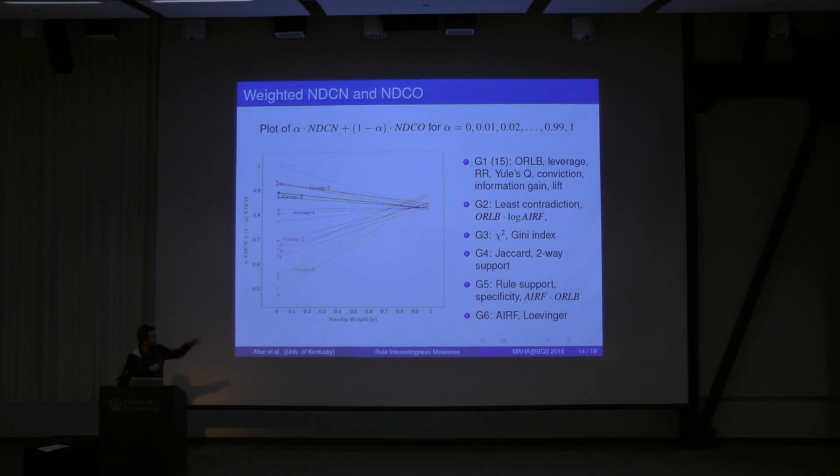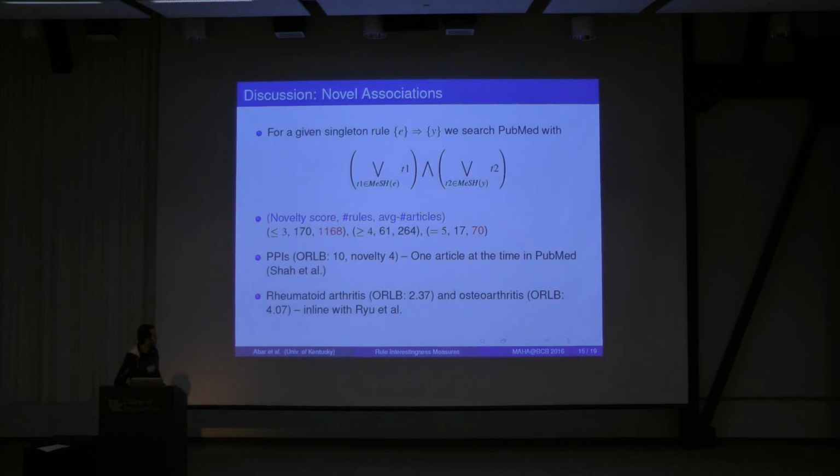We have like six groups of association measurements. We group them together, each has similar values. We also calculated how many published articles have this group we are getting.